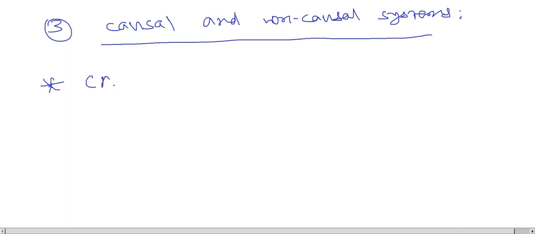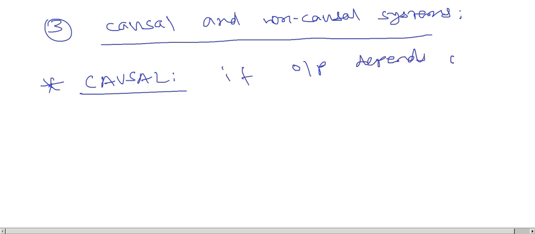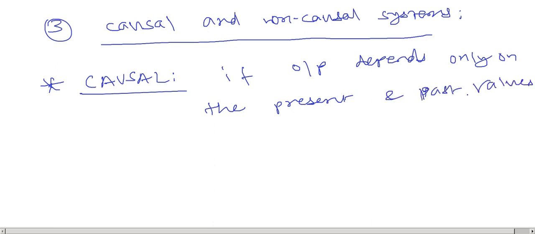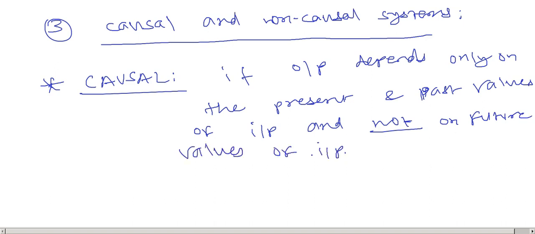A system is said to be causal if the output depends only on present and past values of input and not on future values of input.